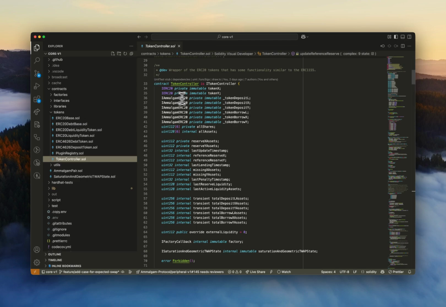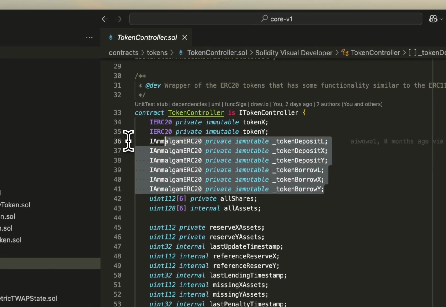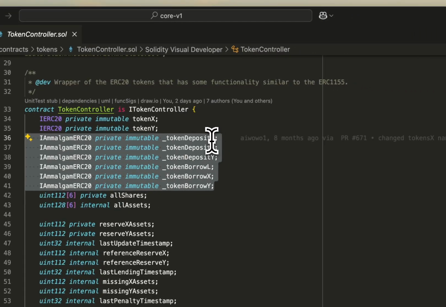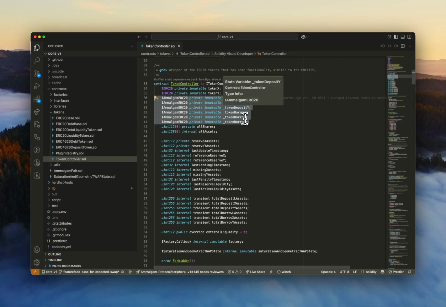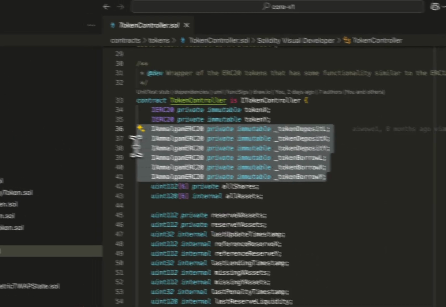It actually has the 6 receipt tokens. So depending on whether you're depositing L, X, or Y, or borrowing L, X, or Y, you get a different receipt token.